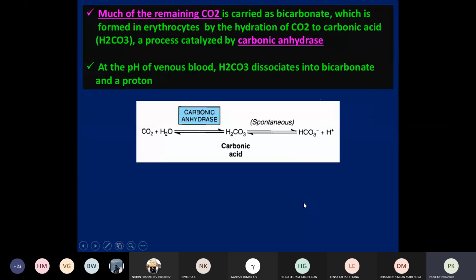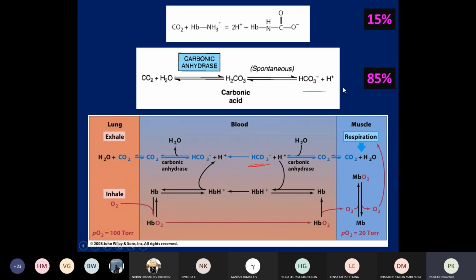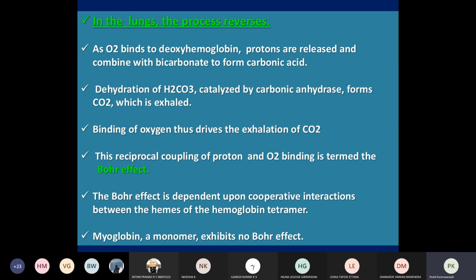Whereas most of the carbon dioxide, that is 85%, is transported in the form of bicarbonate. And of course, a very minute amount would be transported in the gaseous form from the lungs to the tissue.